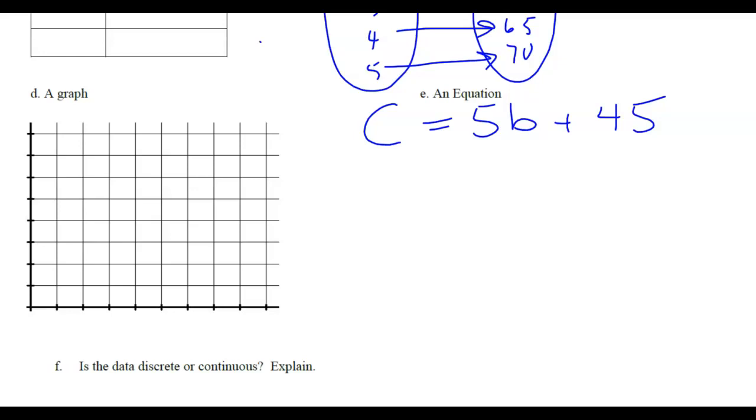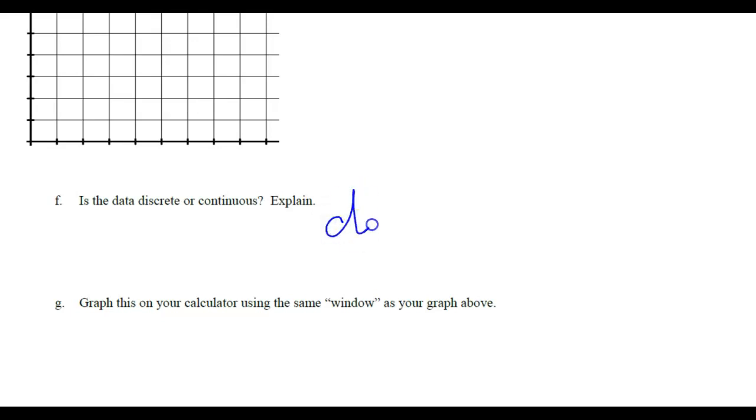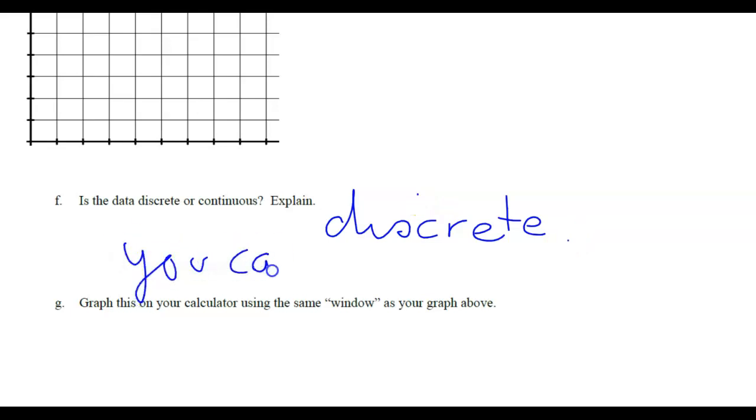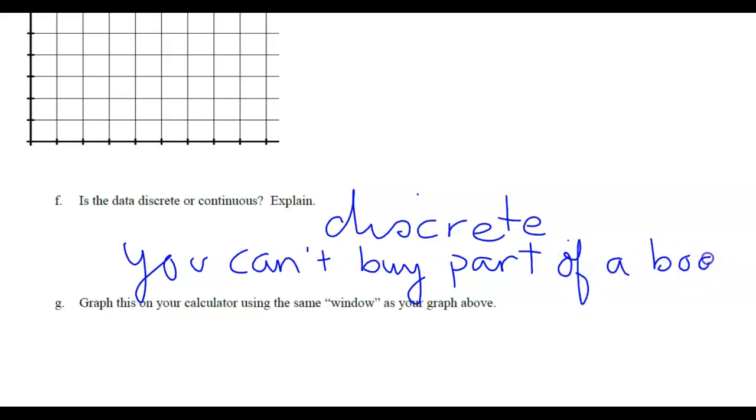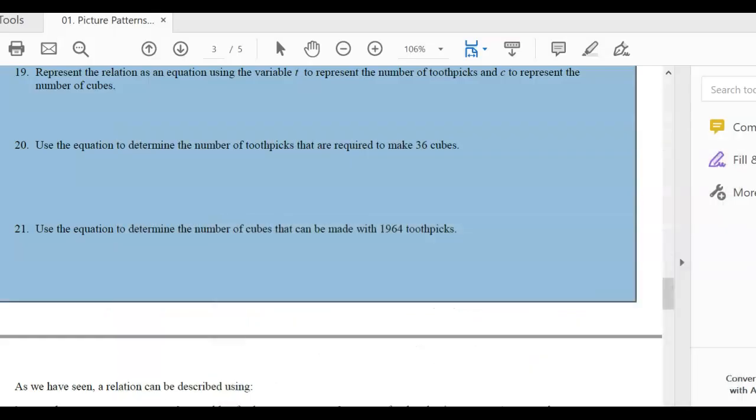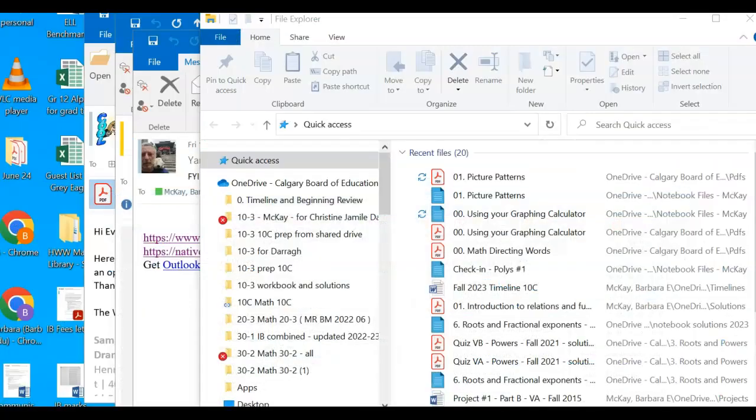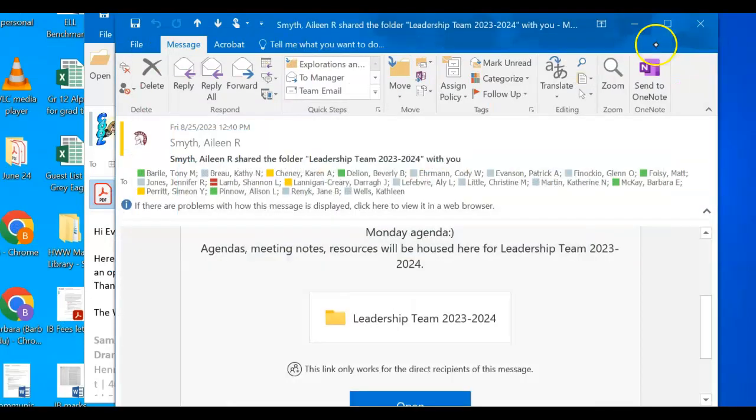Okay, so if you have a graphing calculator, let's graph this. One last thing here. That's why she's going to show you.